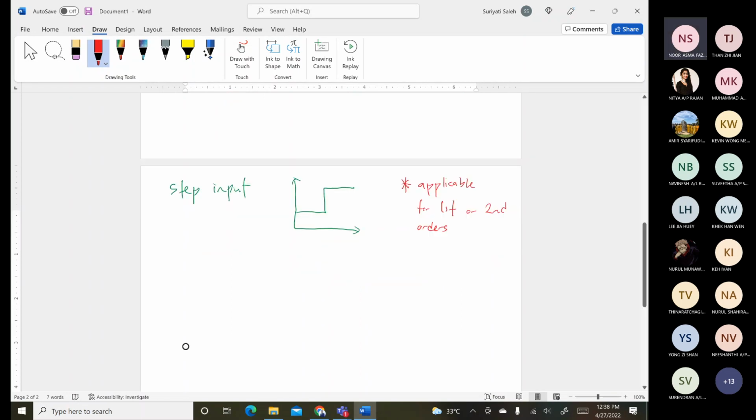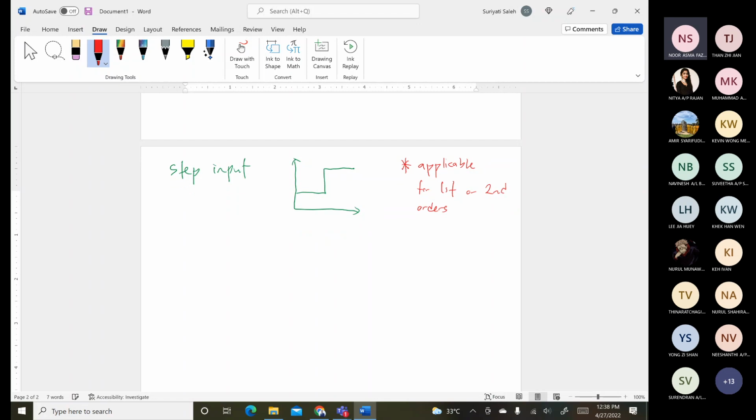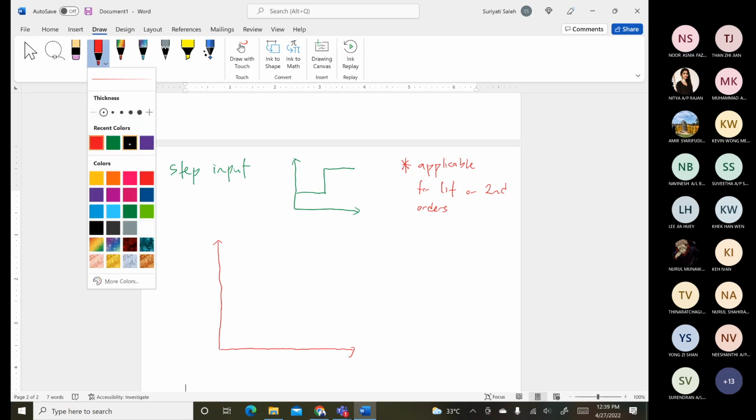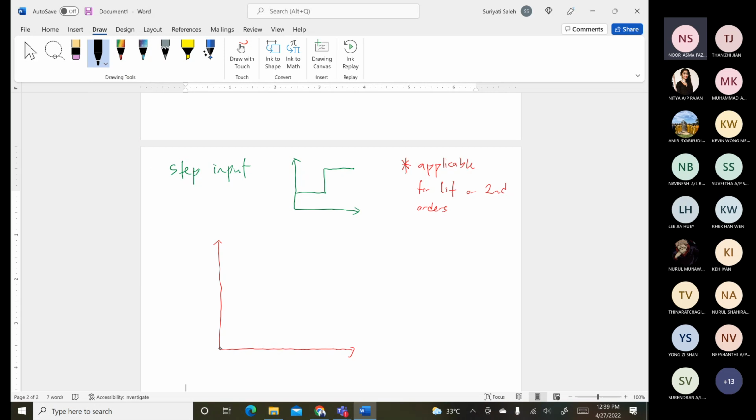All right. Now, if I take a look at the bigger picture, just a typical response for the process. Let's say this is your steady state, it increments and then it reaches it. Let's say this one is based on the first order.